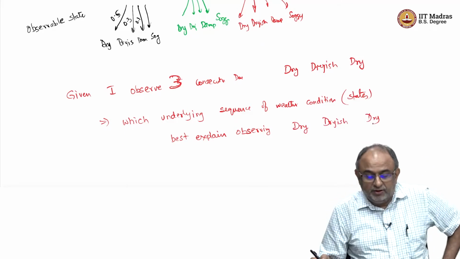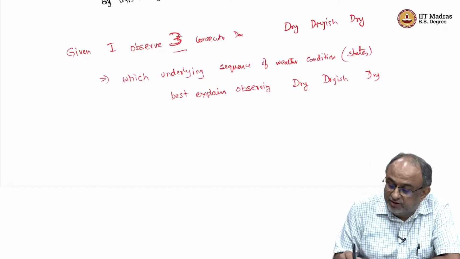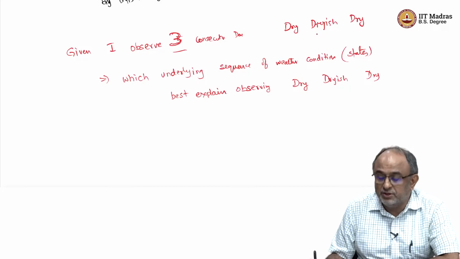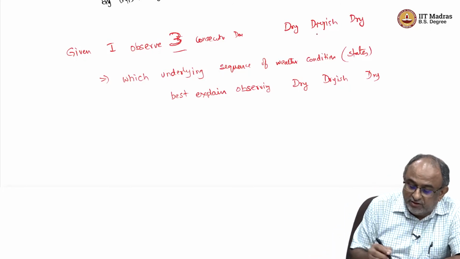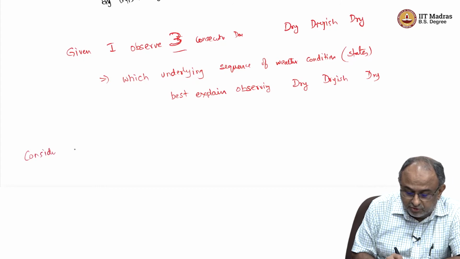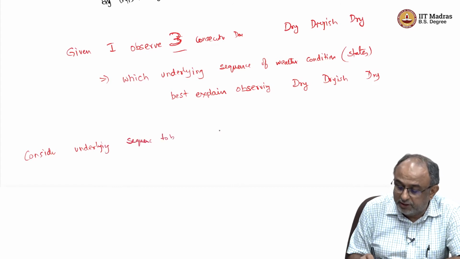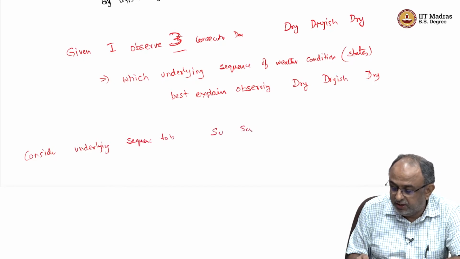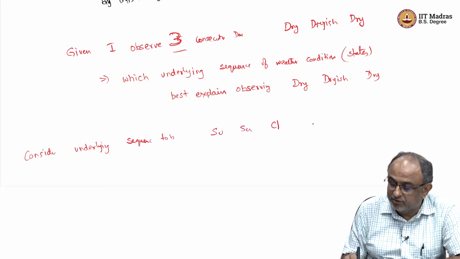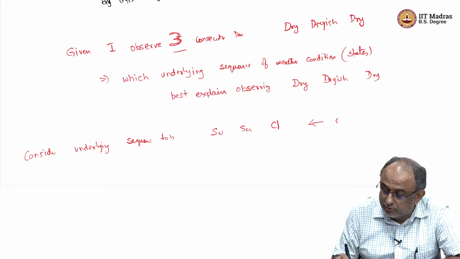And so, what did we do? We said, how can we solve this problem, given I observe dry, dryish, dry with an underlying sequence, which one? So, we said let us consider the underlying sequence to be, let us say, sunny, sunny, cloudy. Okay. This is one of the possible weather sequences, right.